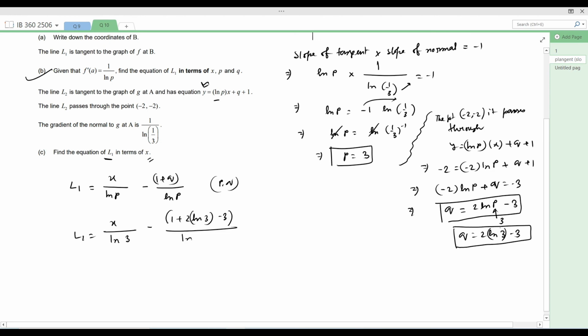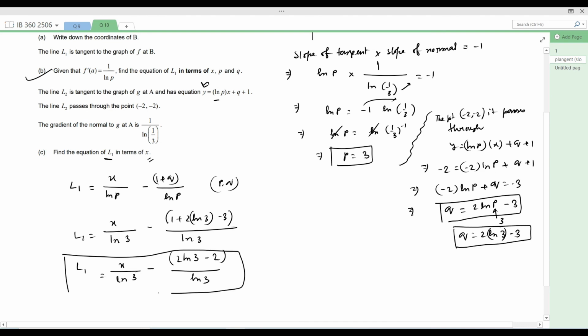So it is 2 ln 3 minus 2, giving x divided by ln 3 minus (2 ln 3 minus 2) divided by ln 3. This is the equation of L1. You can also write the 2 as a power, like ln 3 squared. So the equation of L1 is found in terms of x only.